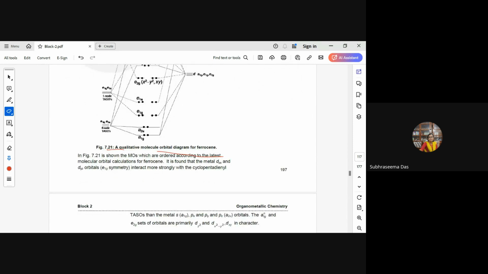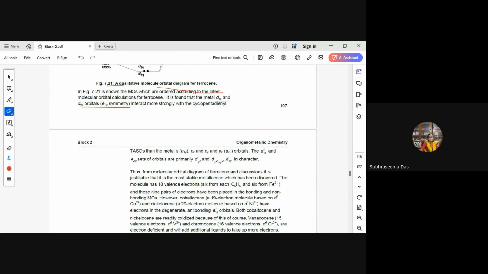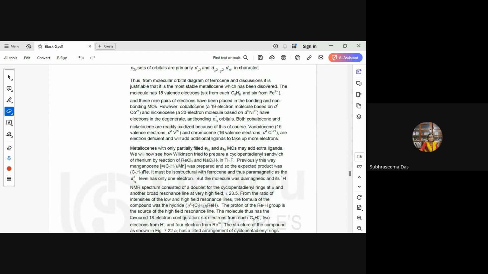In 7.21, the MOs are placed according to the latest calculations. As per the calculations, the metal dxz and dyz orbitals interact more strongly with the cyclopentadienyl than the other orbitals.